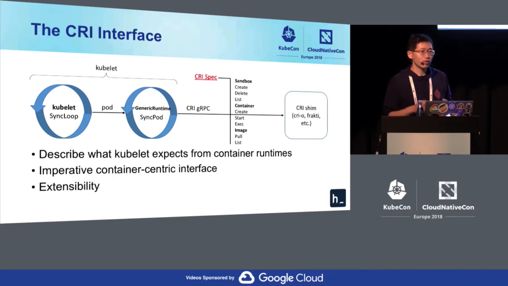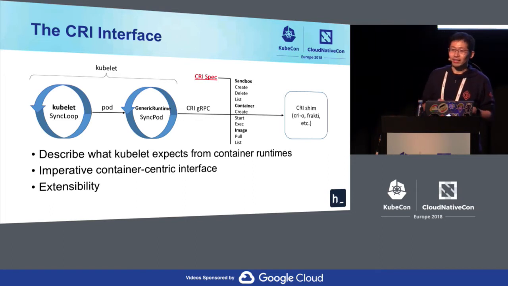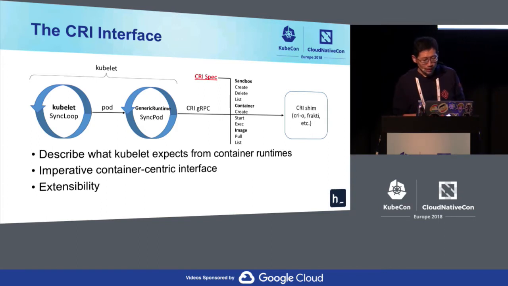Actually, it follows how the kubelet worked with Docker before. They create the sandbox first and launch the containers one by one inside the pod. When I say one by one, that doesn't mean sequentially, but that one call will create one container, not in sequence.